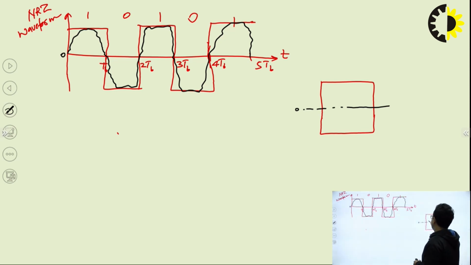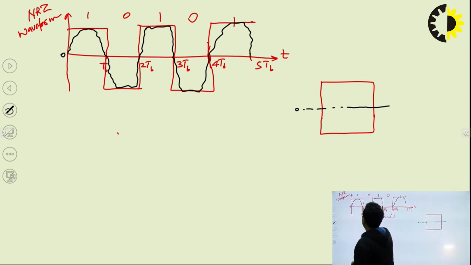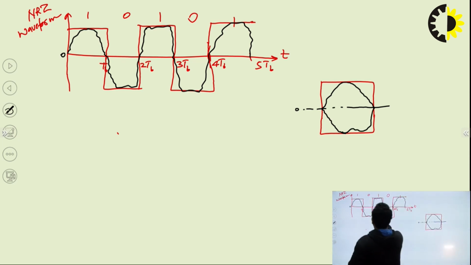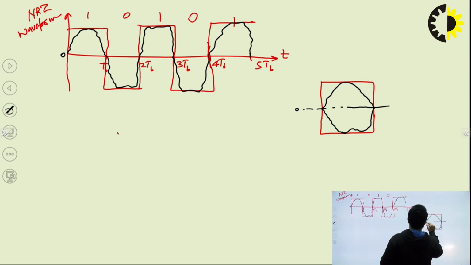Now for this, we can see that for the duration TB, the signal is moving something like this, and for duration TB to 2 TB, the signal is moving something like this. Again for 2 TB to 3 TB it is high, but the pattern is something like this.